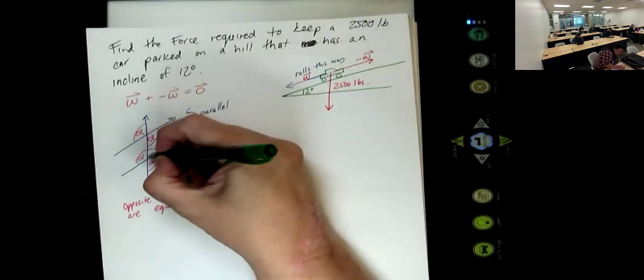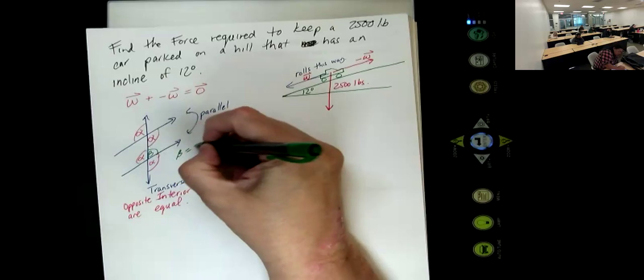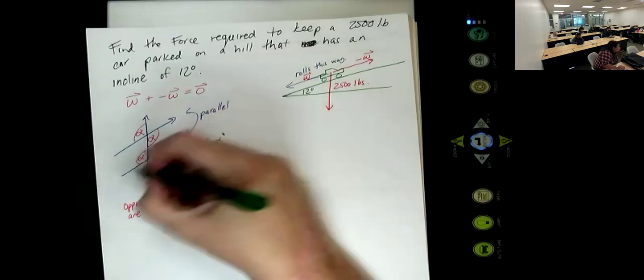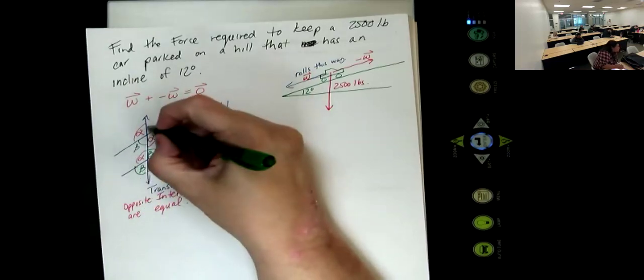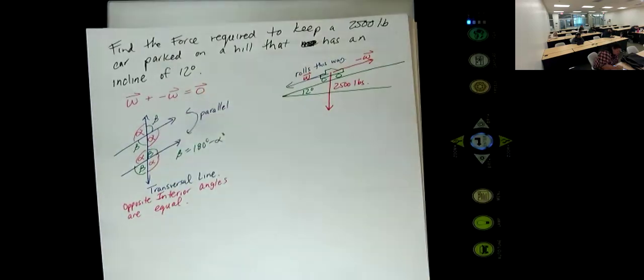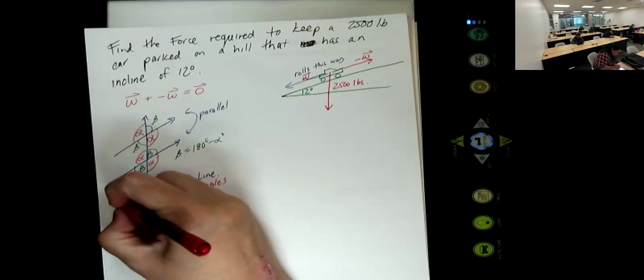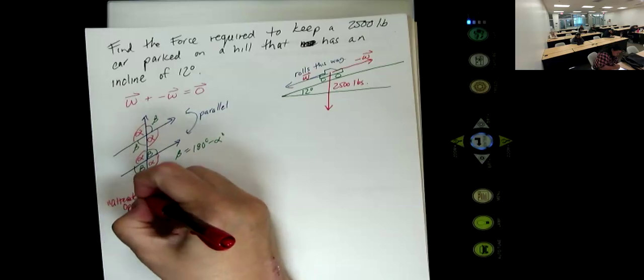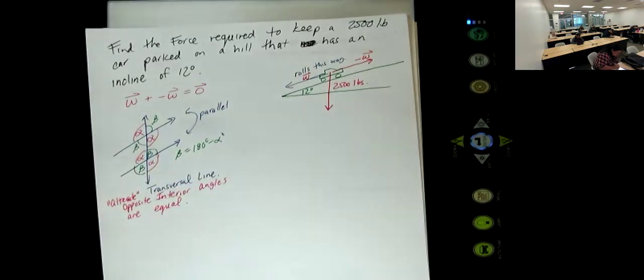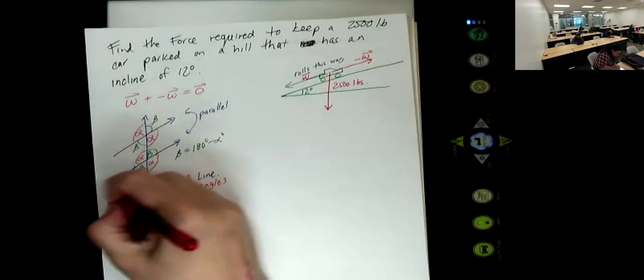And I could do this as beta, where beta is 180 minus alpha. But that's a lot to write in a small area. I'm just gonna call these angle beta. They either call these opposite interior angles or alternate interior angles. That does not look like the word alternate.